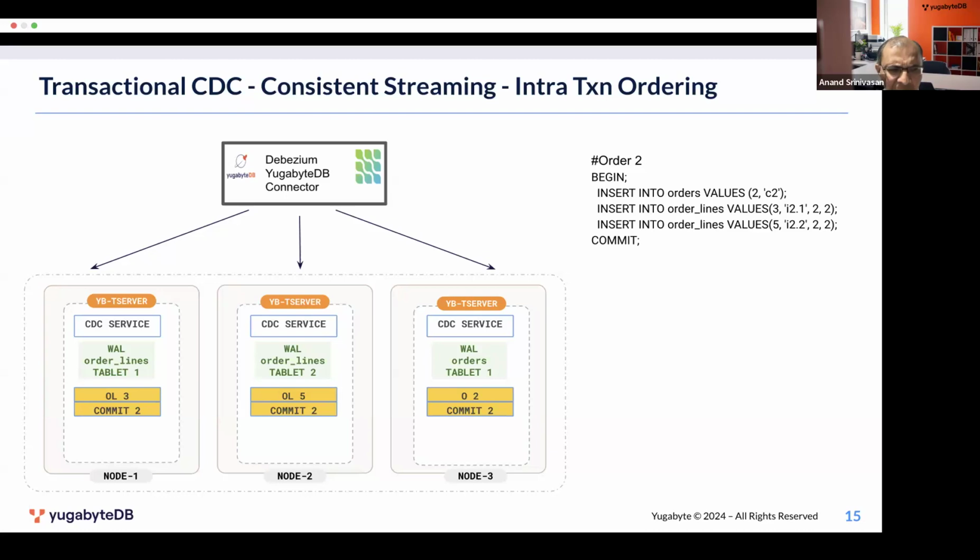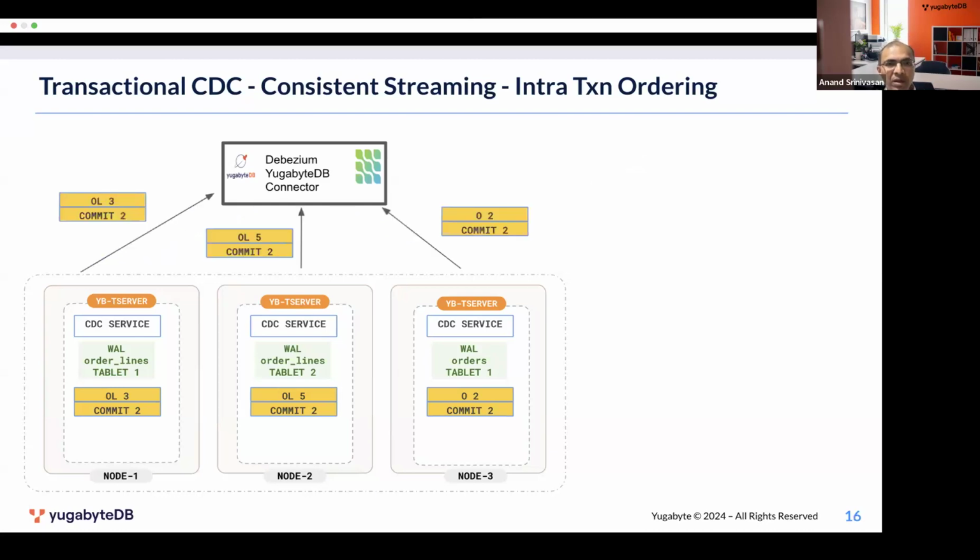And then when the connector contacts the tablets and asks them to give their next set of changes, each of them sends back these changes. What the connector does next is it sort of does a merge sort. Basically, it groups the transactions. All the yellows, by the way, correspond to the second order transaction.